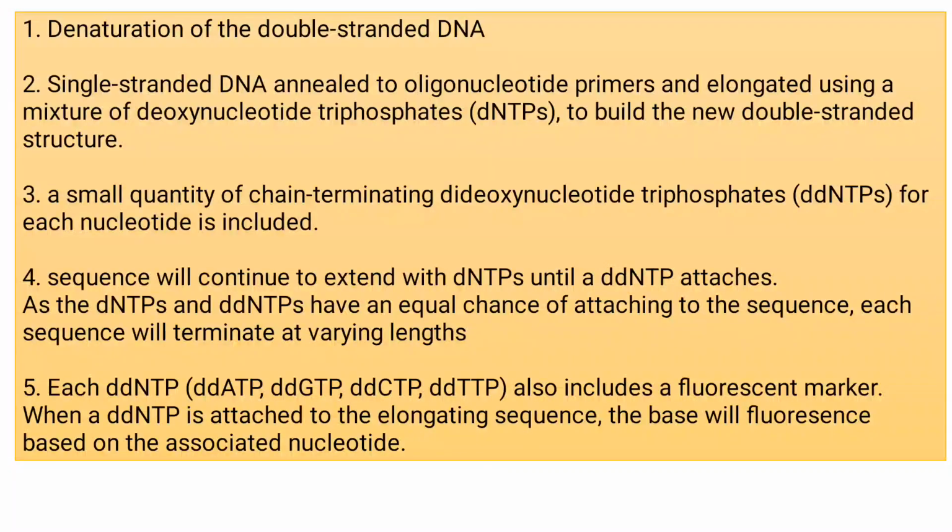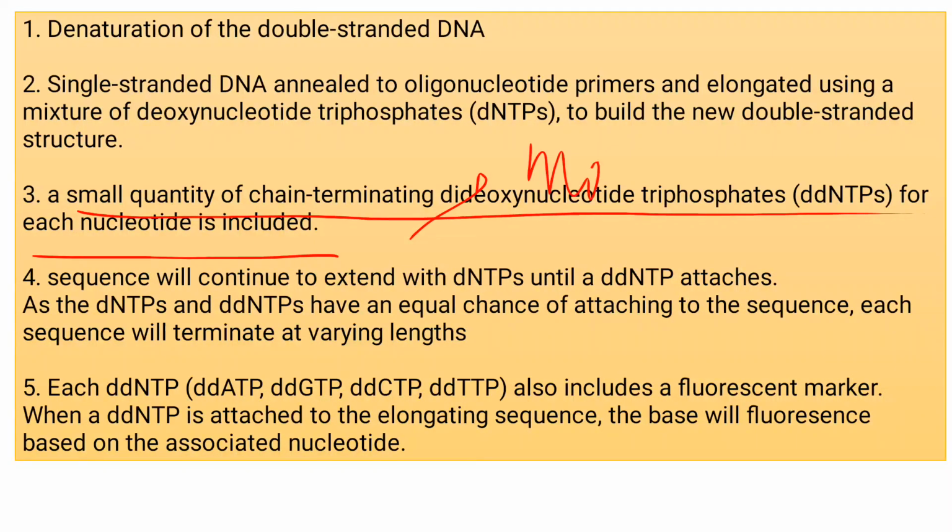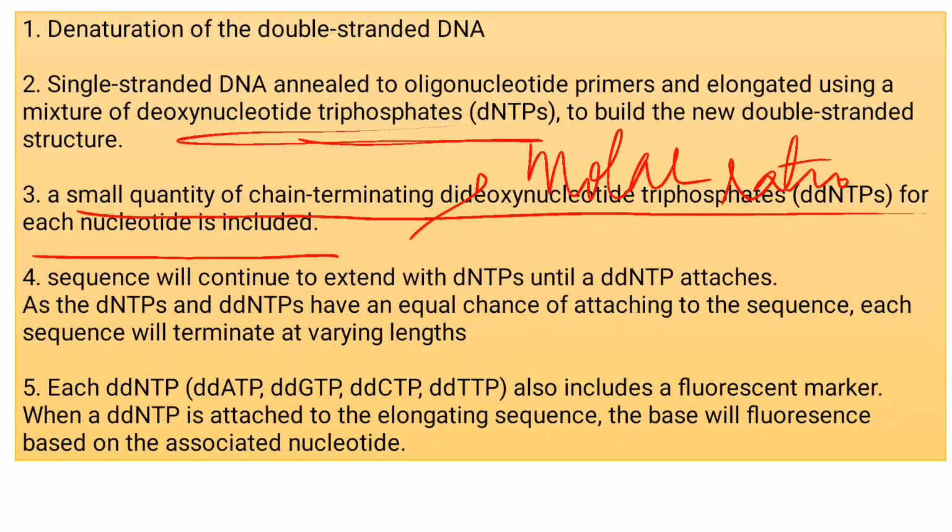A small quantity of chain-terminating dideoxynucleotide triphosphate is also included in some molar ratio. Mostly the ddNTPs are in lower concentration than dNTPs; dNTPs are in higher concentration. So the sequence will continue to extend with dNTPs until a ddNTP attaches.